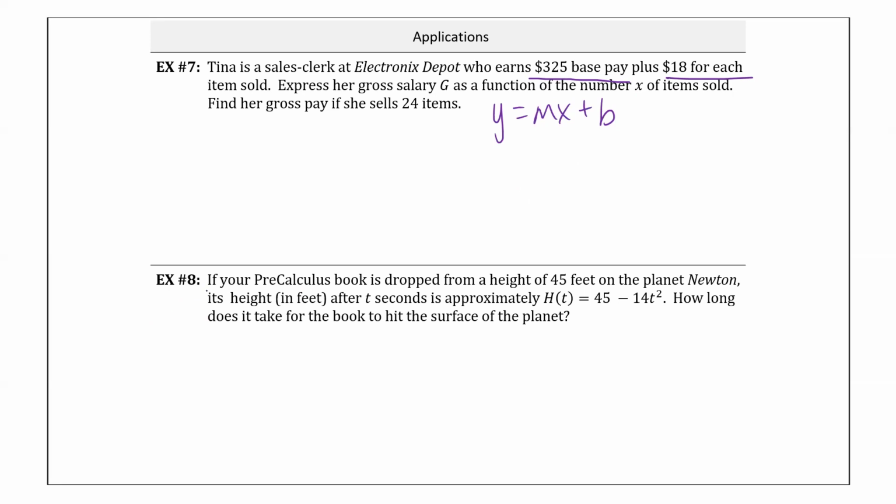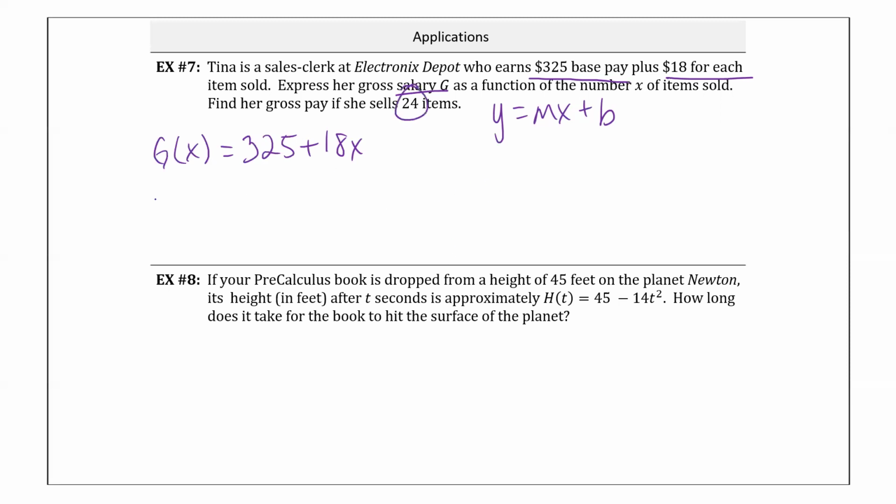Okay, so when we write our equation, her salary, so it says your salary is G. So her G of x equals what? 325 plus 18x. That's her equation. And then you have to do 18 times 24.